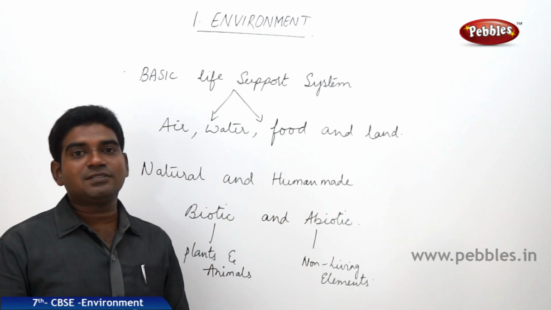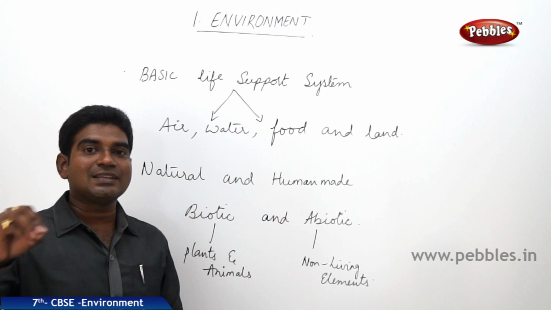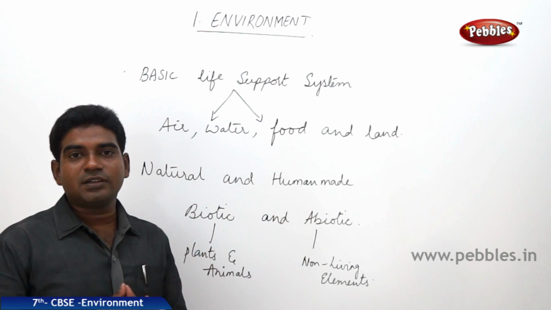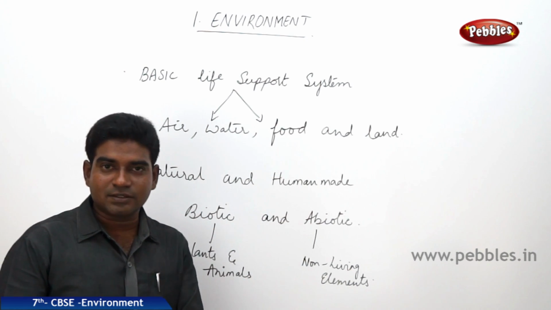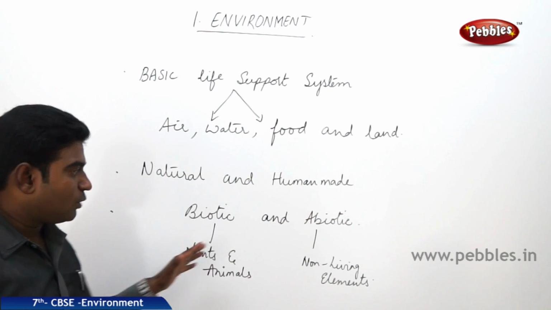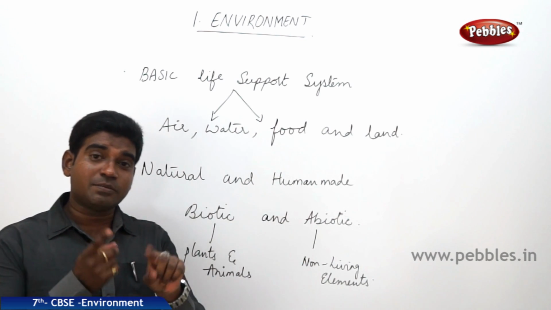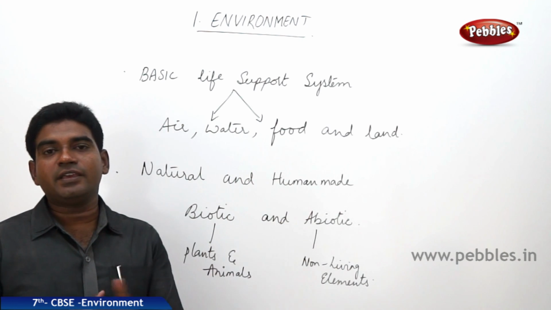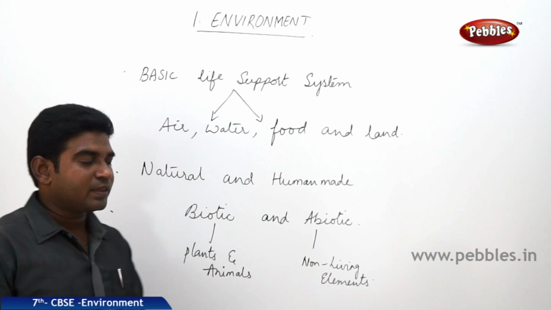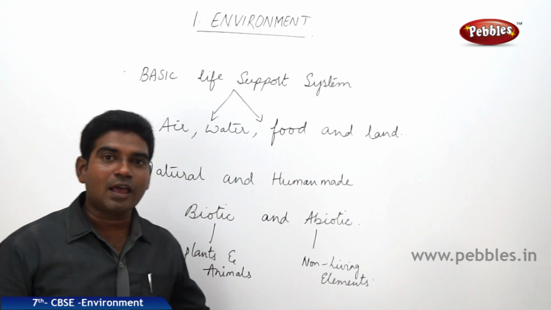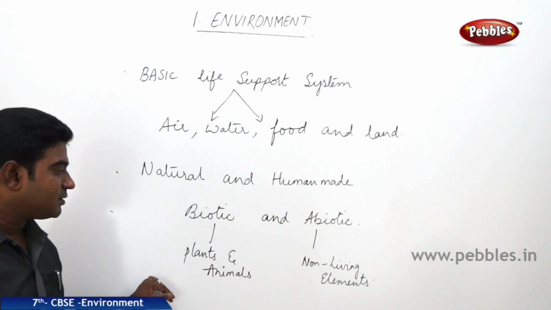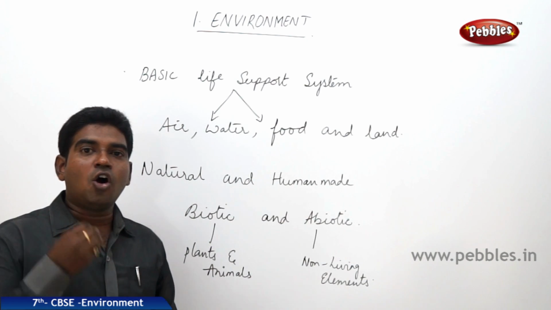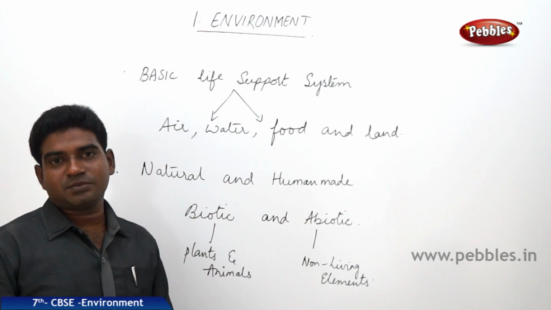We can also categorize them in science terms as biotic and abiotic organisms. What is biotic and what is abiotic? Ecosystem can also be called the combination of biotic and abiotic organisms. Biotic means which consists of all the living organisms.